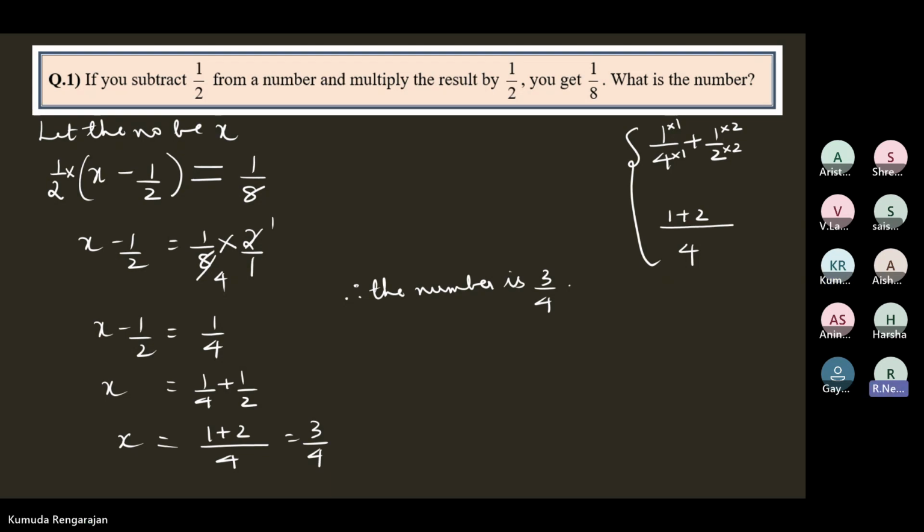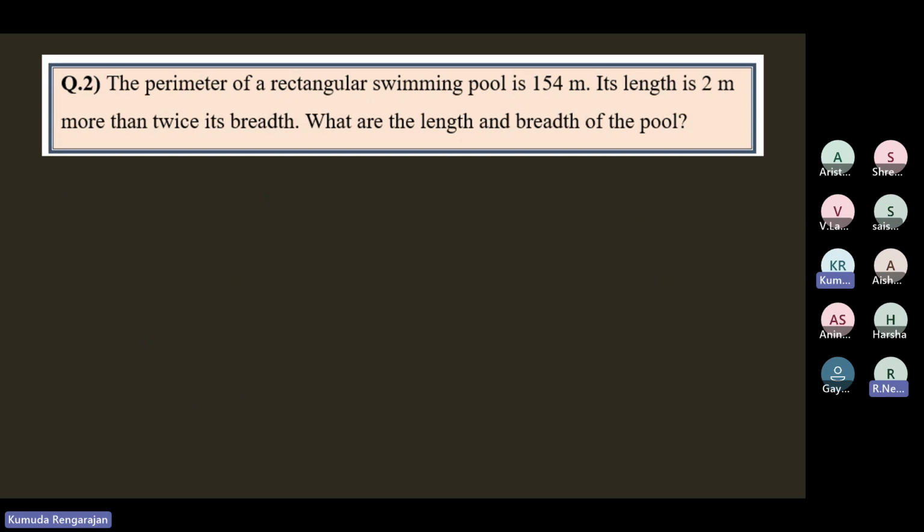Ma'am, it is linear equation. Yeah, we are continuing. Linear equations in one variable, word problems. We are continuing from where we stopped in the last class. Yes, children. Next one. Somebody's mic is enabled. Please disable your mic.